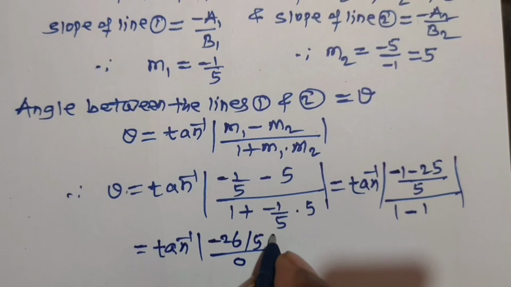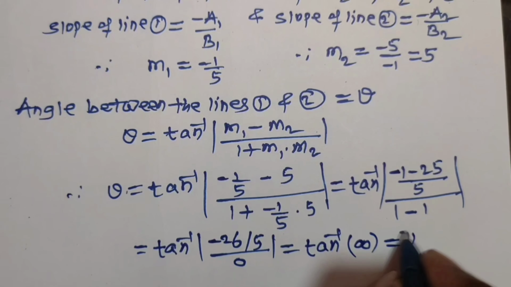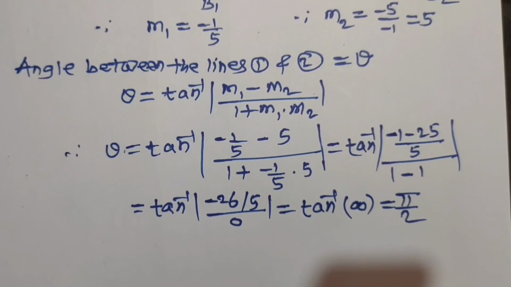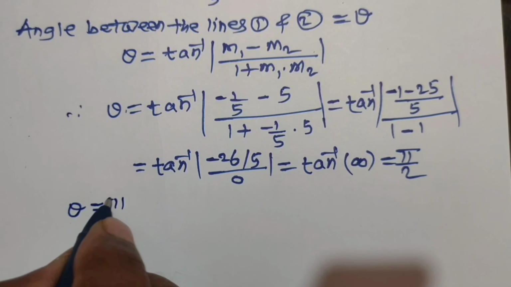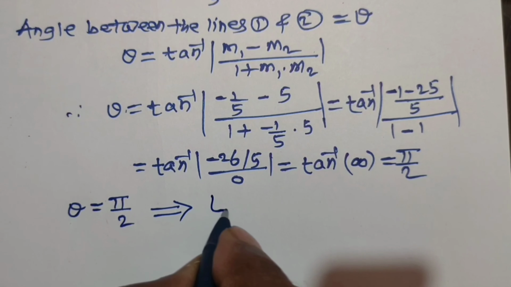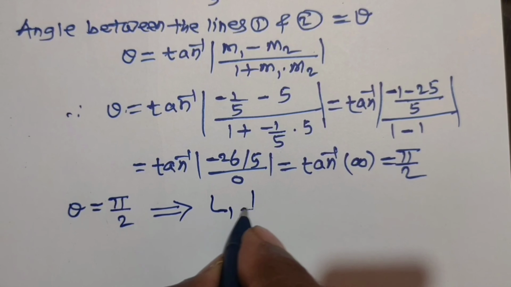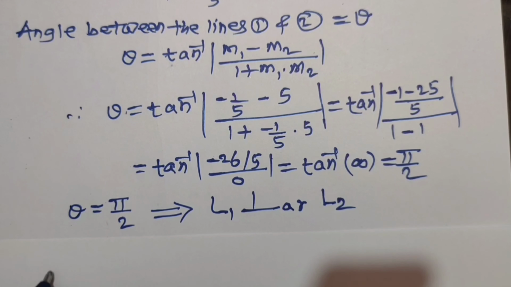Hence theta is equal to tan inverse in modulus minus 26 upon 5 divided by 0. And you know minus 26 upon 5 divided by 0 is infinite. Hence theta is equal to tan inverse infinite, and tan inverse infinite is equal to pi upon 2. Hence theta is equal to pi divided by 2, which is angle between line 1 and line 2.